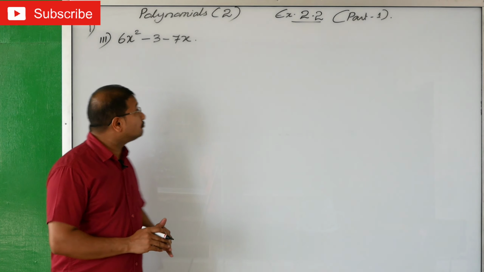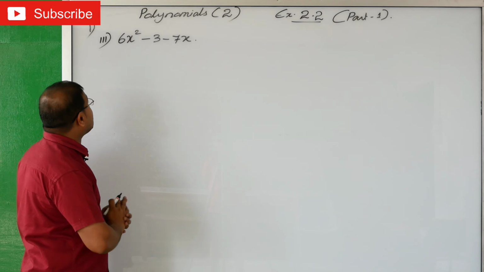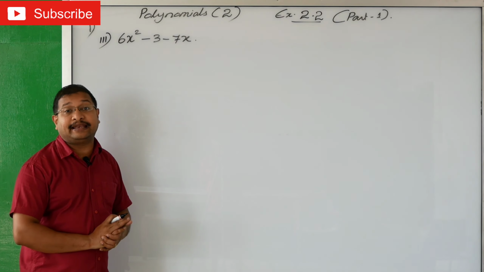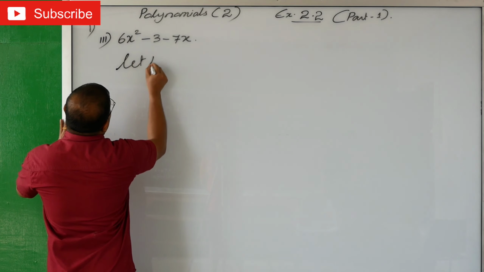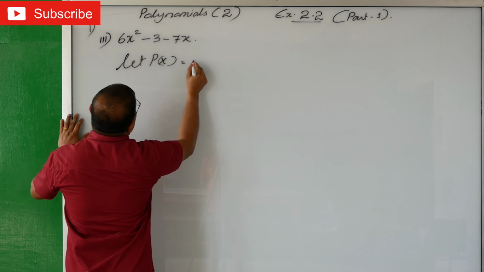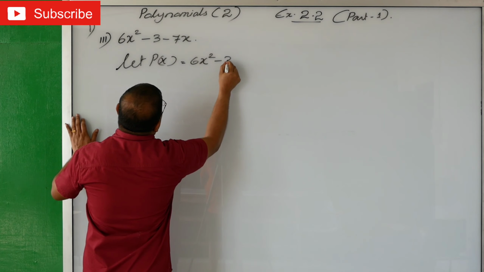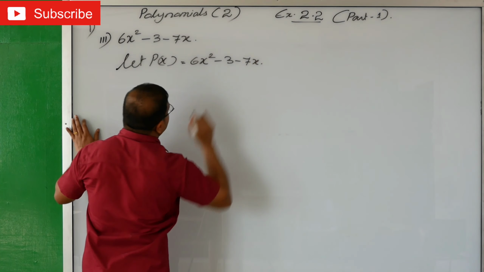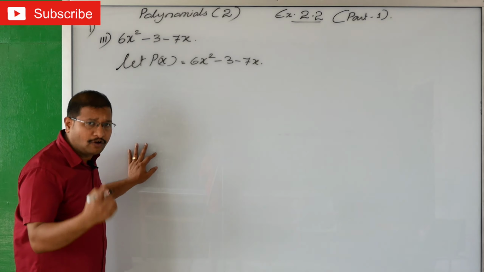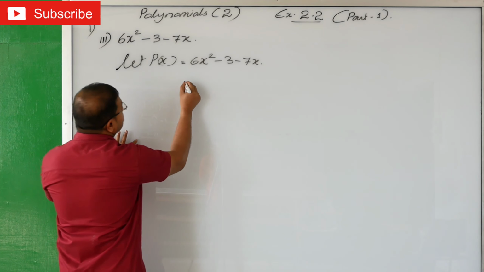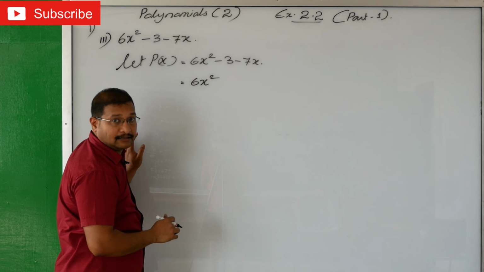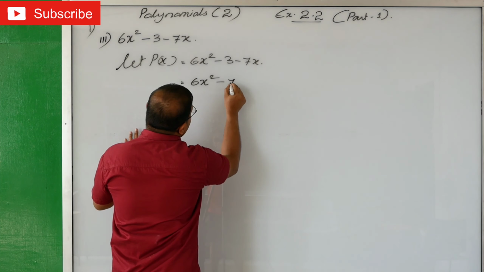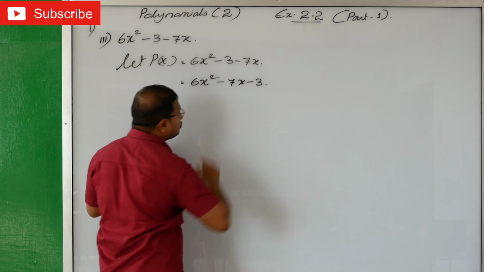Okay. Question number 3. I'll read the question once. 6x square minus 3 minus 7x. Ready? First what you'll write? Let P of x equal 6x square minus 3 minus 7x. Of course, we have to arrange in order, isn't it? This equals 6x square, after that x we'll write second, that means minus 7x minus 3.